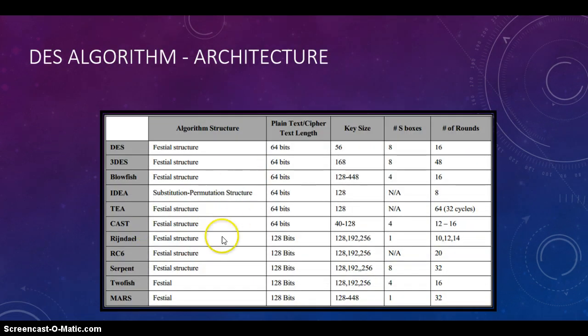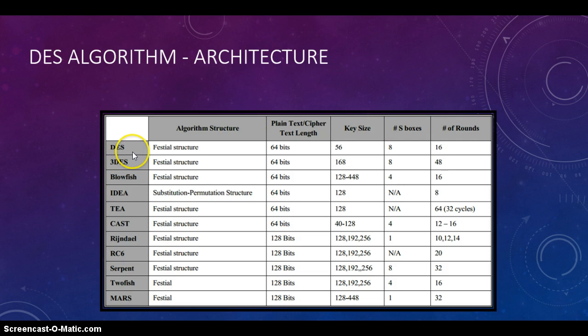So we can see here a chart with different algorithms, and how their structures differ: the plain text, key size, the number of S-boxes used, and number of rounds.